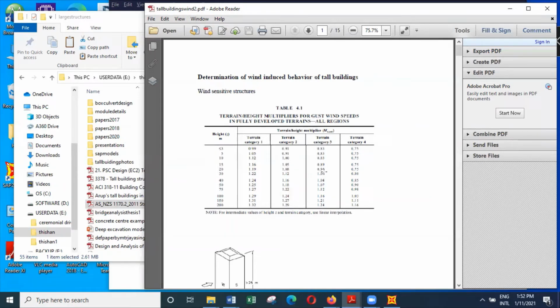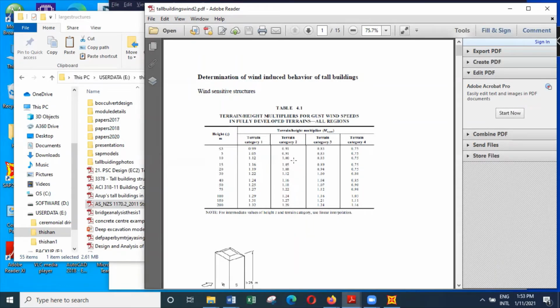the terrain multiplier is 1.09, and so basically we have to adjust the wind speed to suit that. And here you can see at a height of 10 meters in terrain category 2, the multiplier is 1, which means the basic wind speed is here.